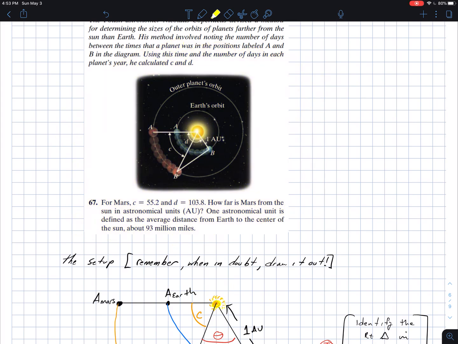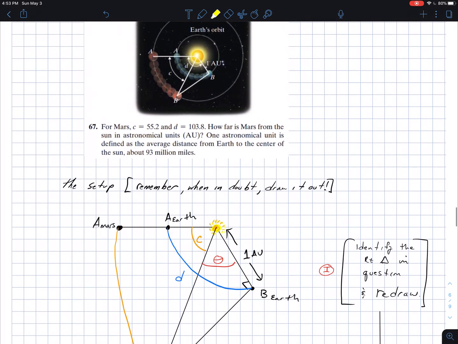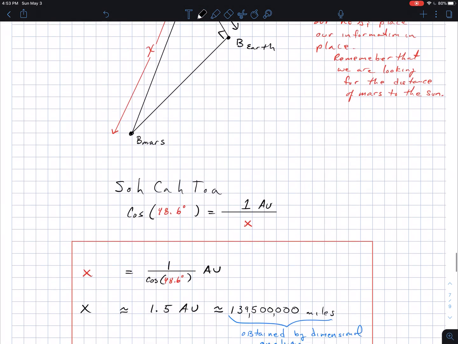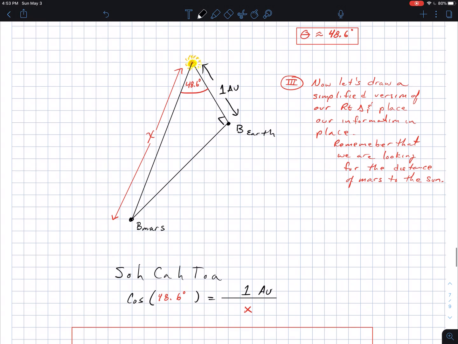Using inductive and deductive skills, using your general algebra skills and the theorems that we've learned all year. So by drawing it out, let's look at it. Now let's draw a simplified version of our right triangle. Okay? Place our information in place.